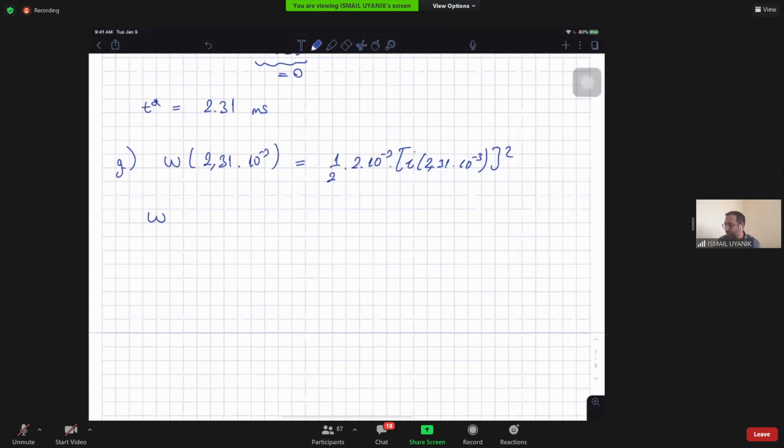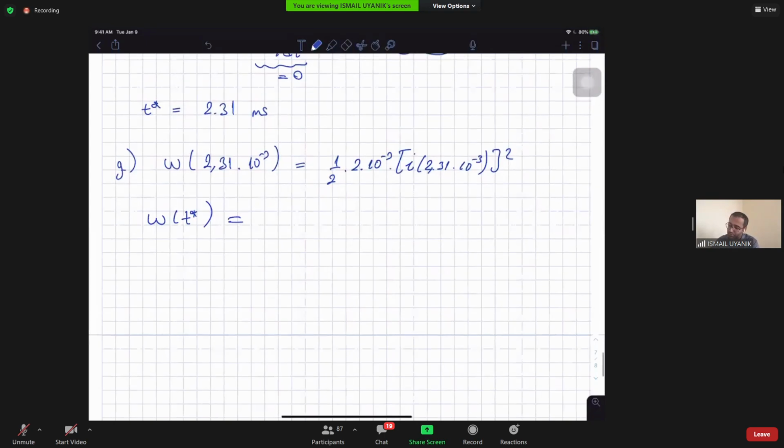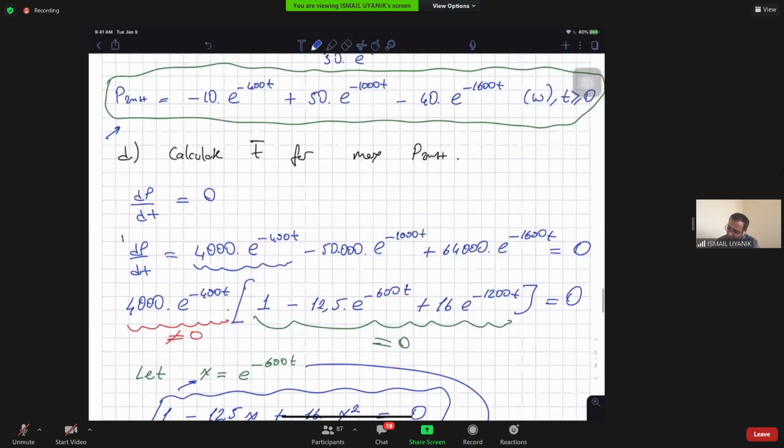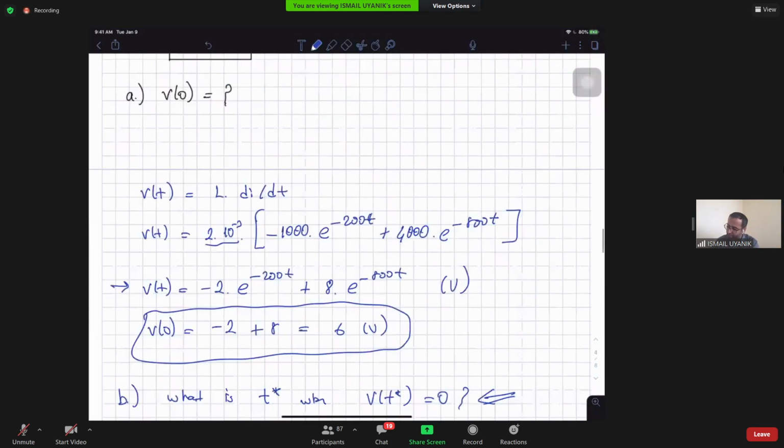We need to do this calculation. We have the current equation, so I can directly put this number back into that equation, right? We have the current equation somewhere, maybe far at the beginning.